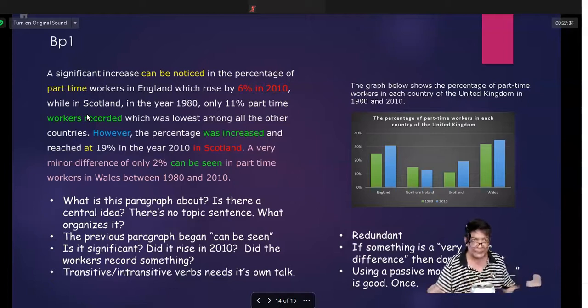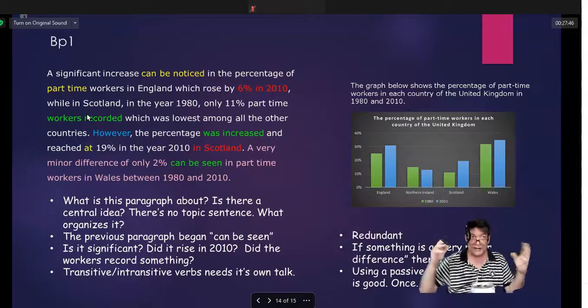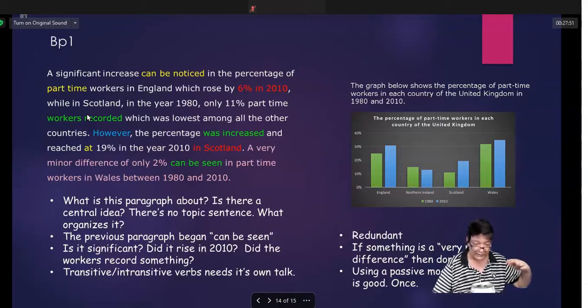But here they're just completely about entirely different things. There was a rise. Here it's lowest. There was a rise, there was a fall. That makes sense. There was a rise, and there was another rise. That makes sense. But to use a different topic, here Apple sales went up, and here the rain continued. Well, I don't know, but it's not. Those two clauses weren't meant to be connected together.